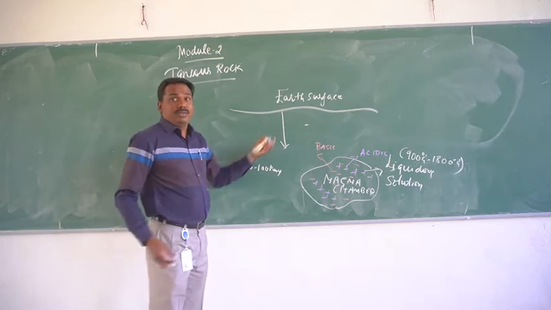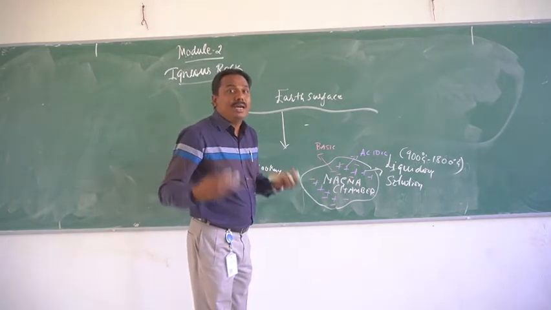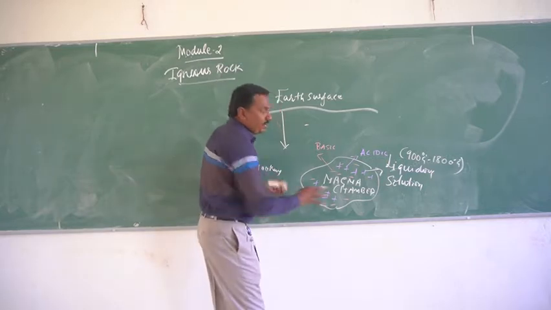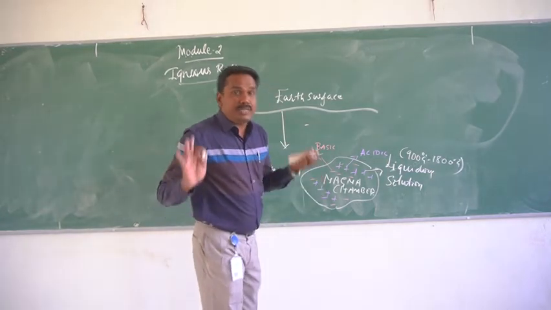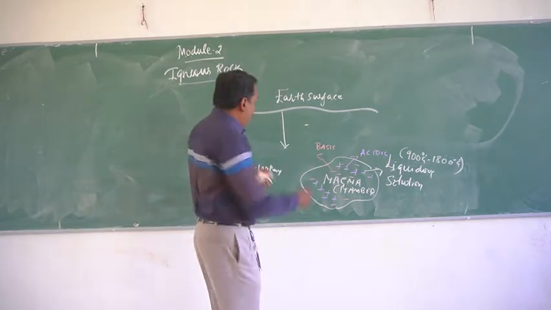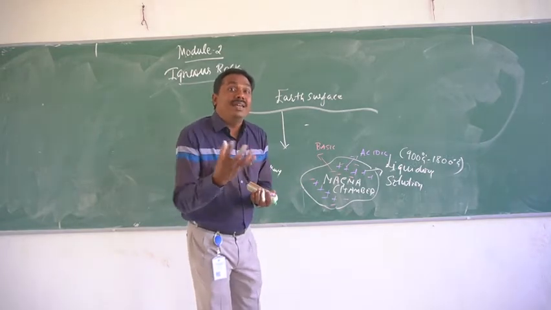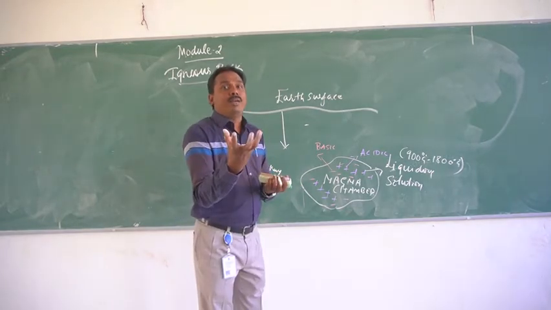We all know that litho is the rock structure, the hard substance. Beneath the surface, the chamber which is present is the magma chamber. What is that chamber made up of? Acidic and basic. So that solution will be at boiling point.